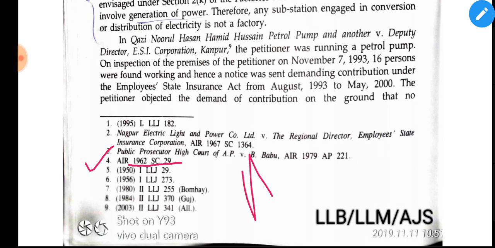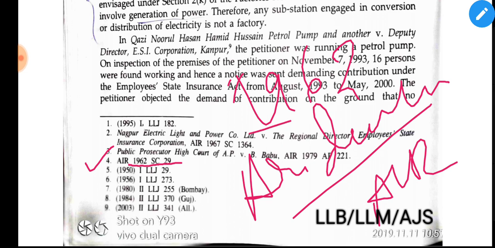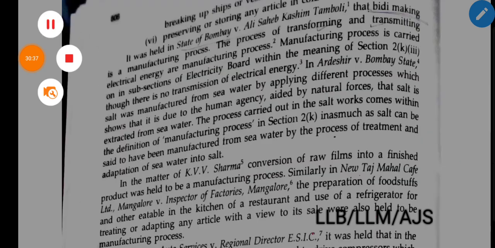This is the case of 1962, SC 29, Ardeshir versus State of Bombay. So what is held in this case?